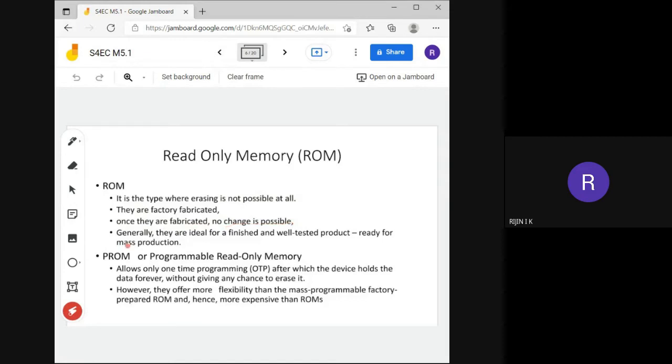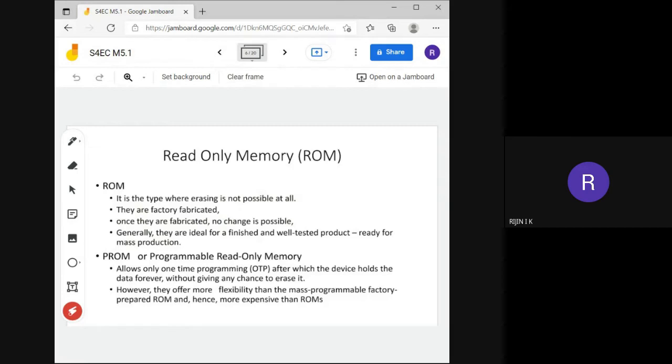And also in ROM memory, generally they are ideal for a finished and well-tested product ready for mass production. So that is all about read-only memory or simple ROM memory. Simple ROM memory means we cannot erase the content in that memory, and also they are factory fabricated products.